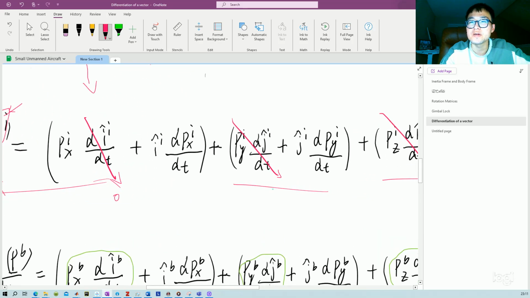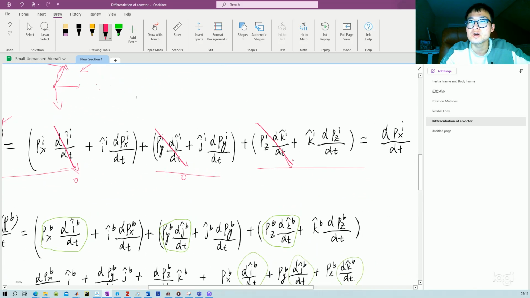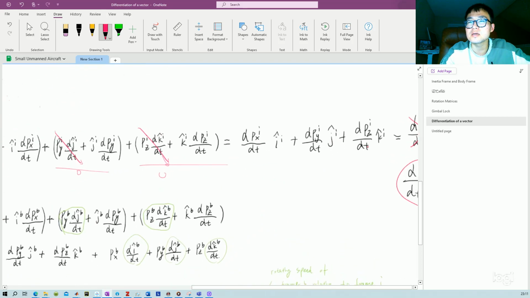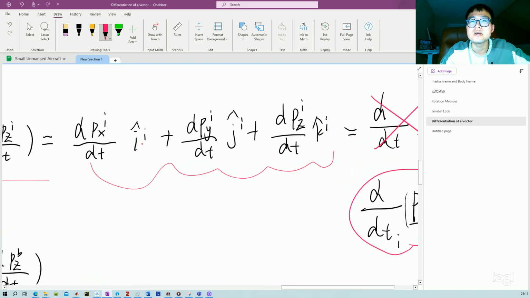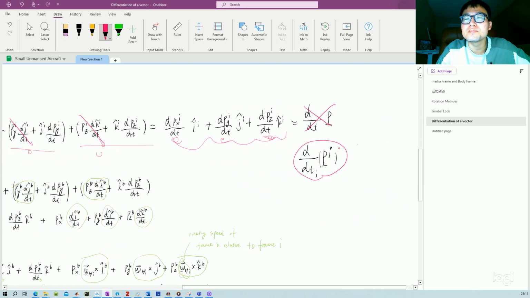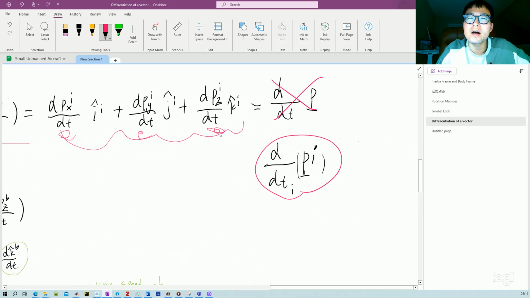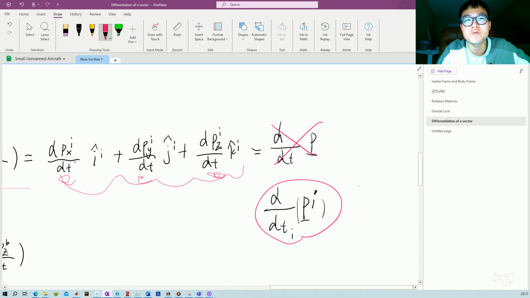Similarly, this goes to 0, this goes to 0, and does this seem familiar? It is essentially taking the derivative in the x-axis, the y-axis, as well as the z-axis. Nothing special. This is what we are usually familiar with: just taking the derivative with the direction vector fixed and nothing else.